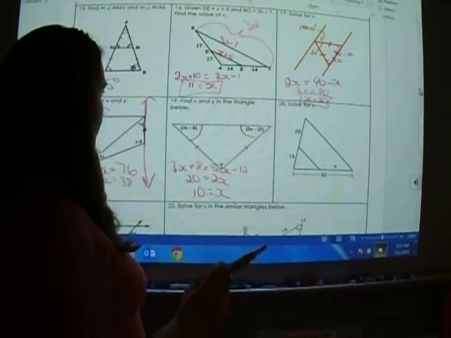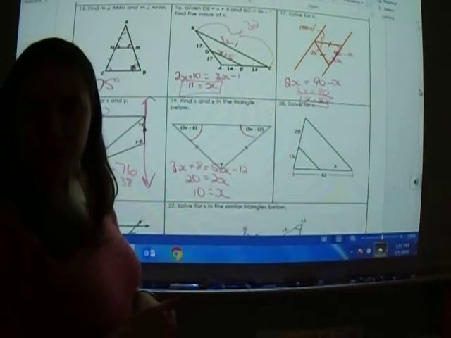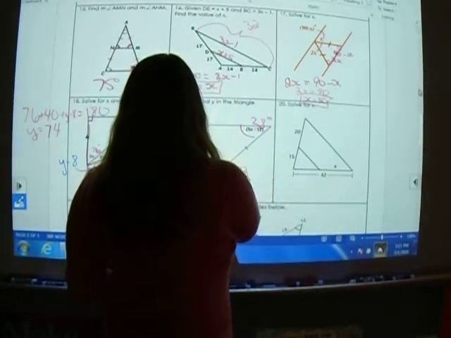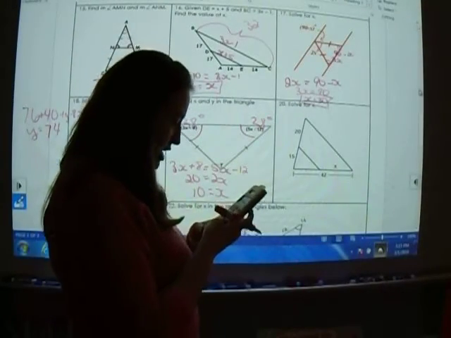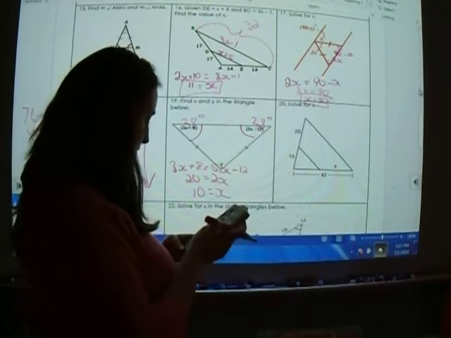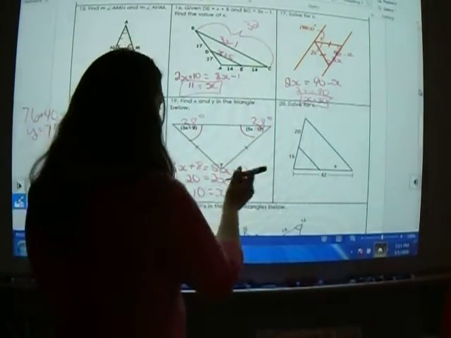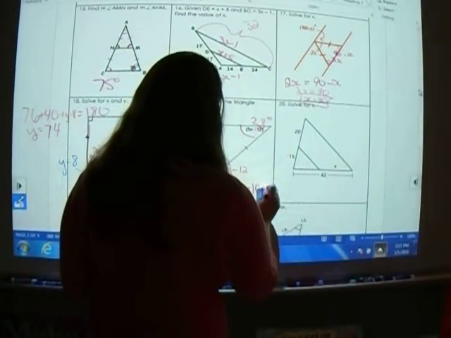So that makes this 15 minus 12, which is 38. So each of these is 38 degrees. So now we do 38 times 2, and 180 minus that. So y equals 104. Okay, not too bad.